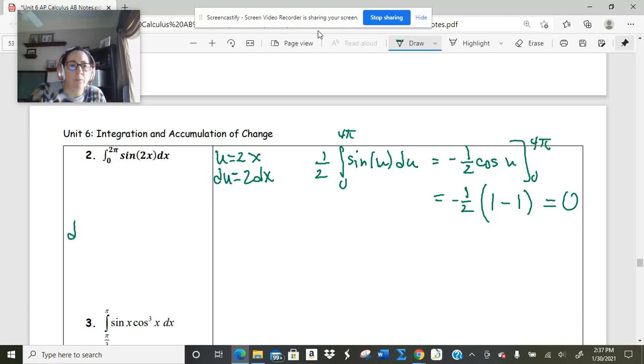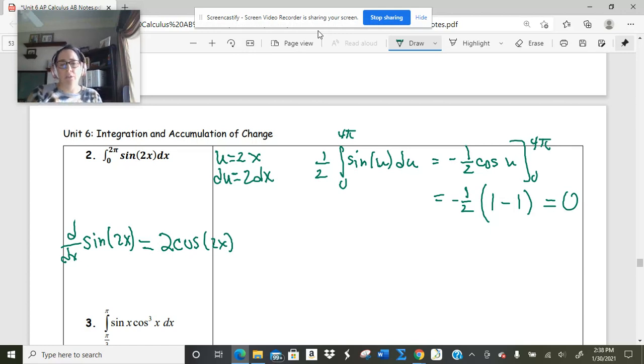But let's remember when we took the derivative of sine u, we would take the derivative of sine and then multiply by the inside. So now what we're doing is taking the antiderivative of sine, which is the cosine, and instead of multiplying by the derivative of that inside of 2, we're going to divide by it.